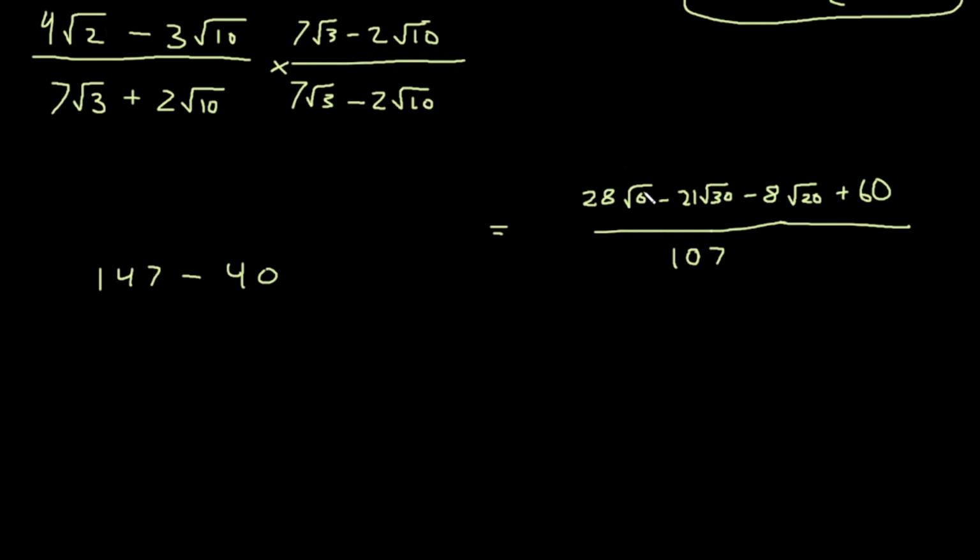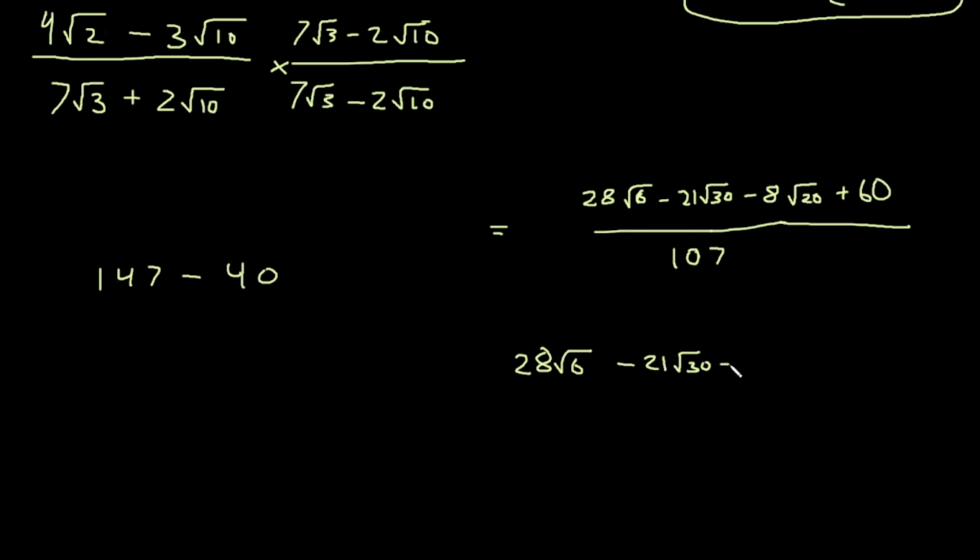Now, we do have some radicals that can be simplified. So we have this 20, which the 4 can be brought out. So we'll simplify this all, saying 28 root 6, which cannot be simplified, minus 21 root 30 also cannot be simplified. However, we can bring this 4 times 5, so we can bring the 2 out.